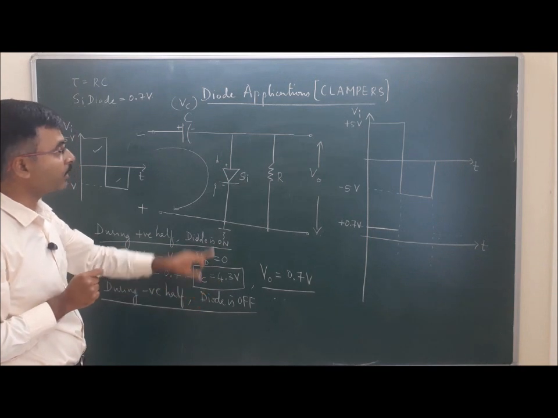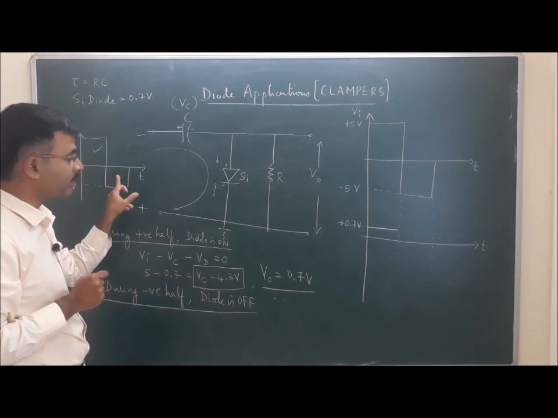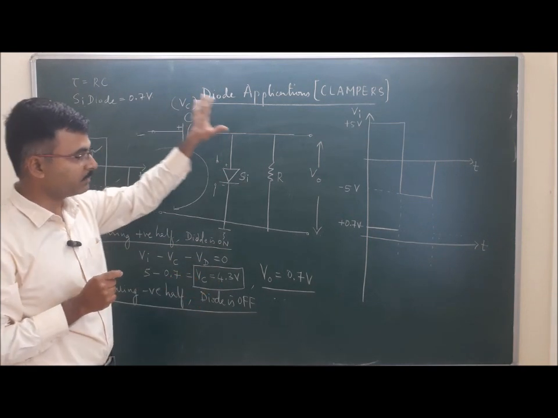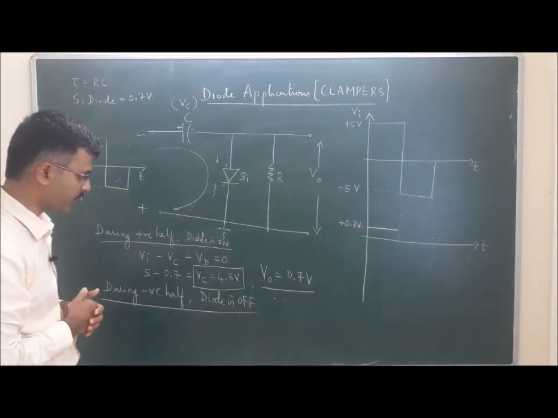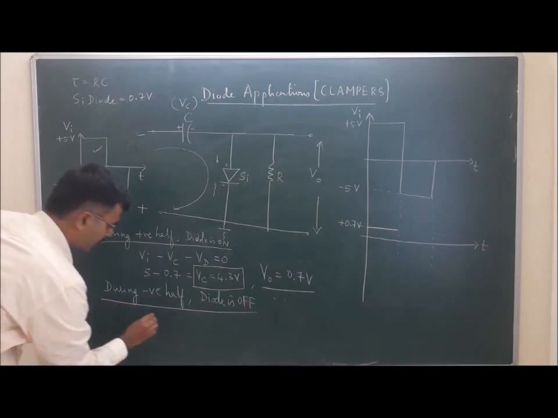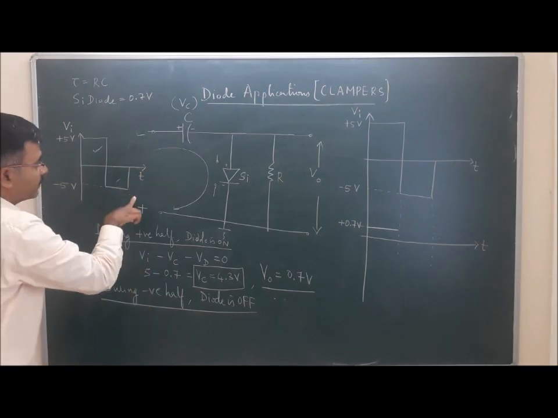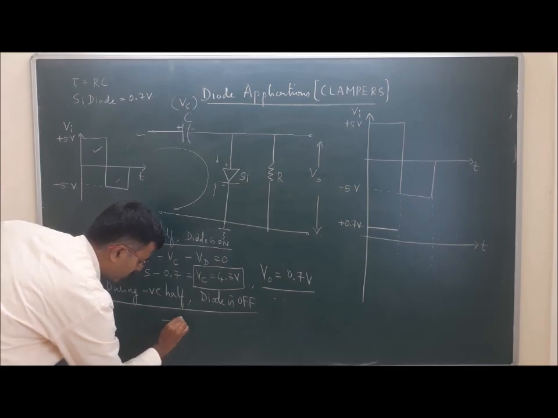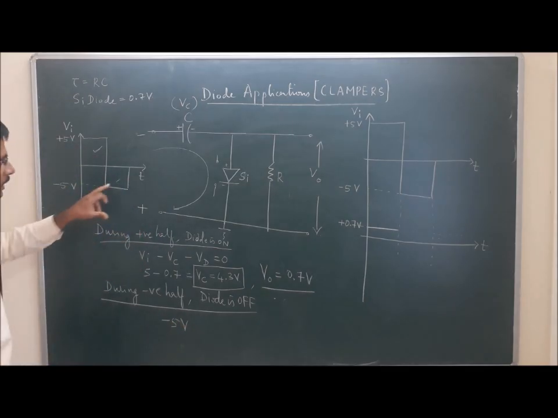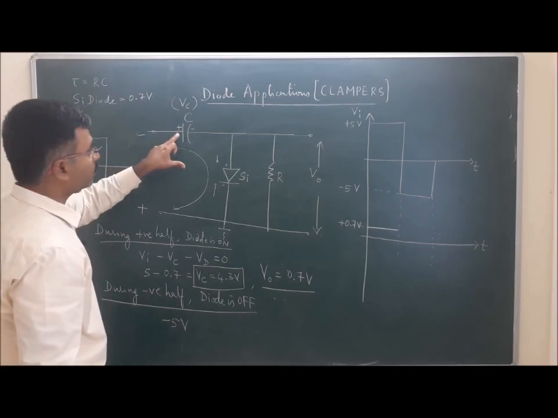Now this 4.3 volts together with the input signal will be discharging and will be appearing across the output side. What does it mean? This is plus to minus. This is minus 5 volts of the input signal. Then what about this voltage?